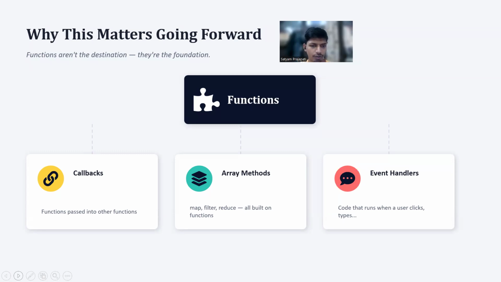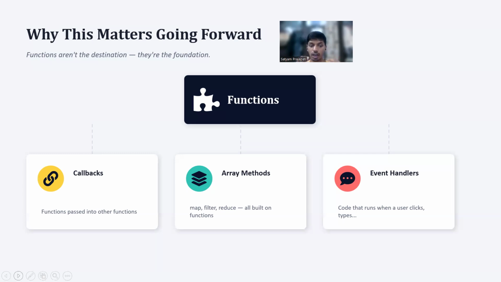Let's take an example of a function in a callback. In a callback, a function takes another function. Array methods map, filter, and reduce are all just functions that manipulate the array. Then there is the event handler. Even when you're writing code in React or a Node.js backend or any other framework, every time you just write a function, for every kind of work, and you write your own logic, either for authentication or a to-do list.